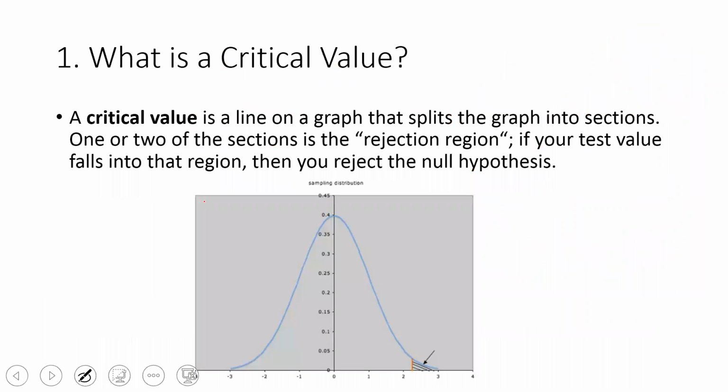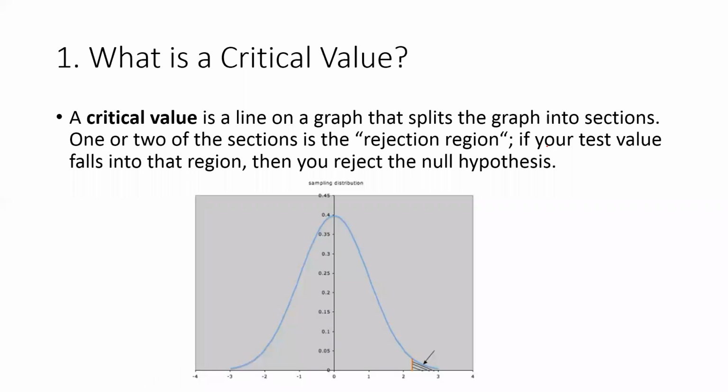So let's see what a critical value is. A critical value is a line on a graph that splits the graph into sections. One or two of the sections is the rejection region.